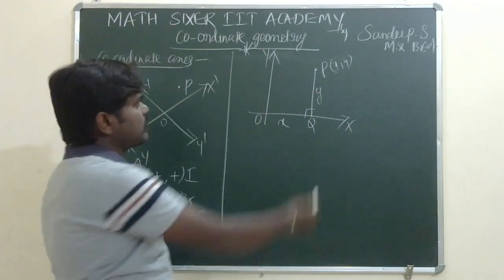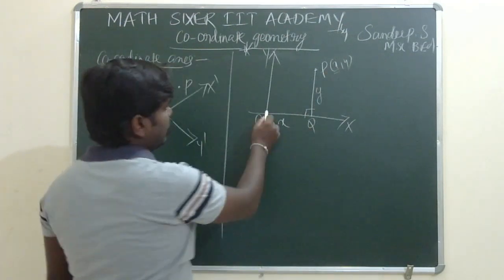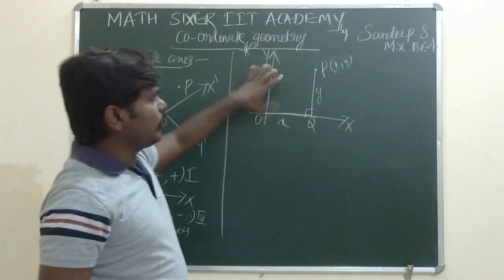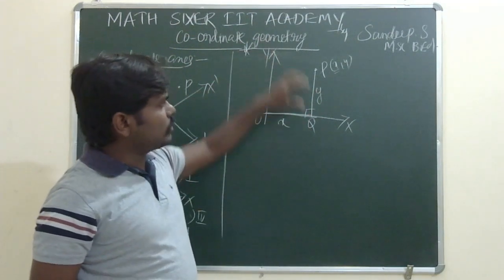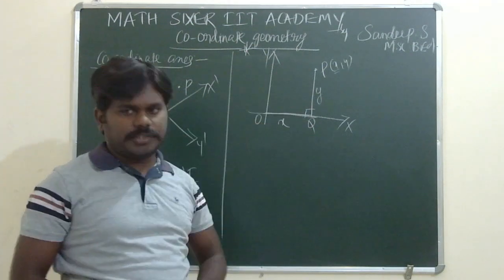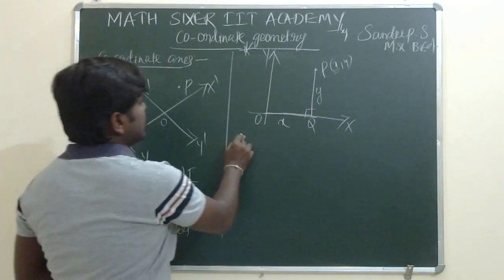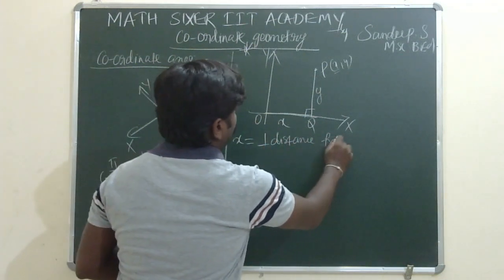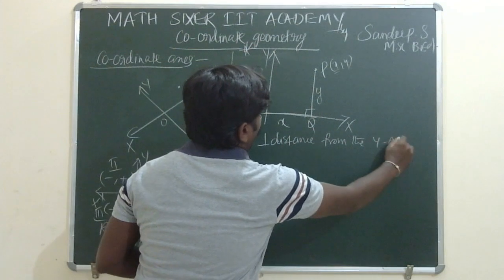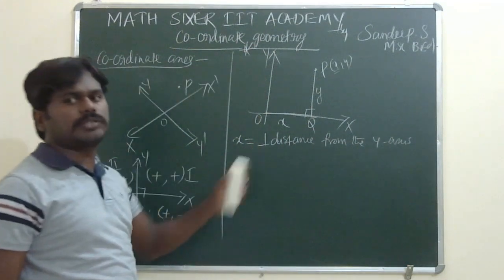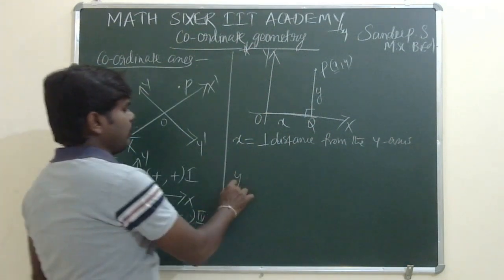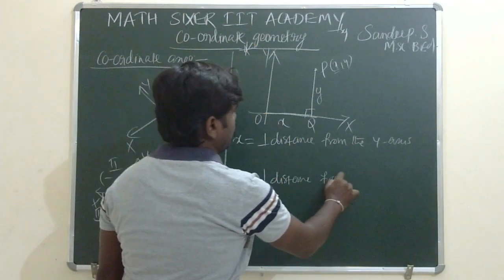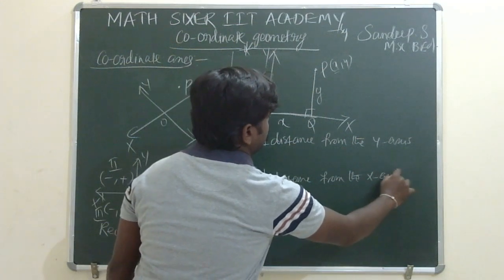What is meant by x and y? When you see this, OQ is perpendicular on OY, and PQ is perpendicular on OX. That means x is the perpendicular distance from the y axis, called the x coordinate, or the value of x, and y is the perpendicular distance from the x axis.